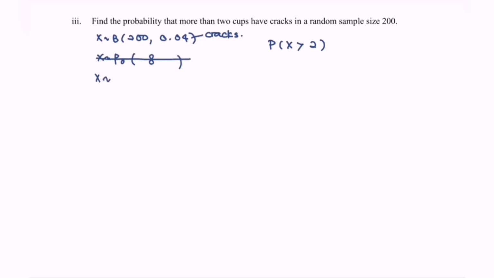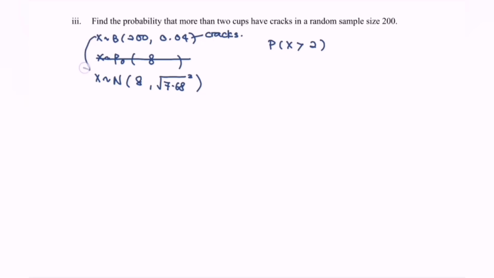Next, move on to the normal distribution with the mean mu equal to 8, and the variance is 7.68, where we have n, p, and q, which is 200 multiplied by 0.04 multiplied by 0.96, and we obtain 7.68. My advice is to express the variance as standard deviation squared.